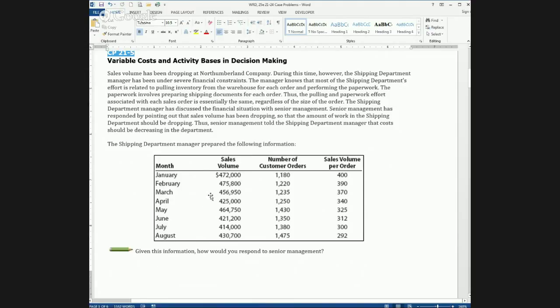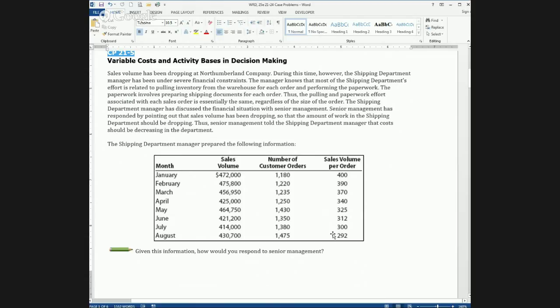They are experiencing a decrease in sales from January through August. Although the sales volume in dollars is going down, the number of orders is increasing as the year progresses, because the amount per order goes down.